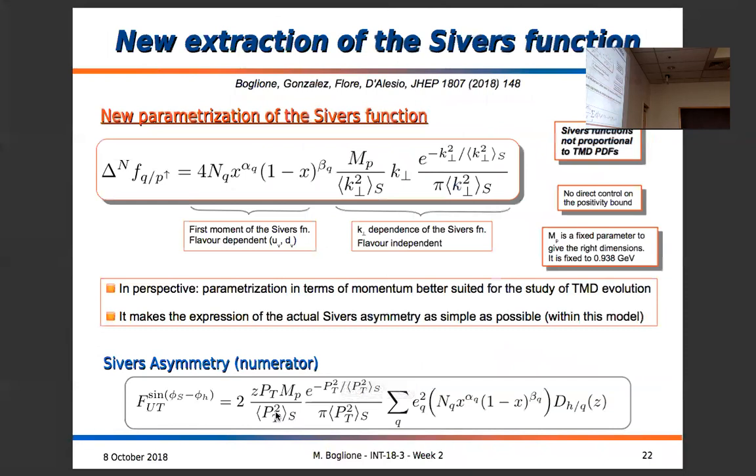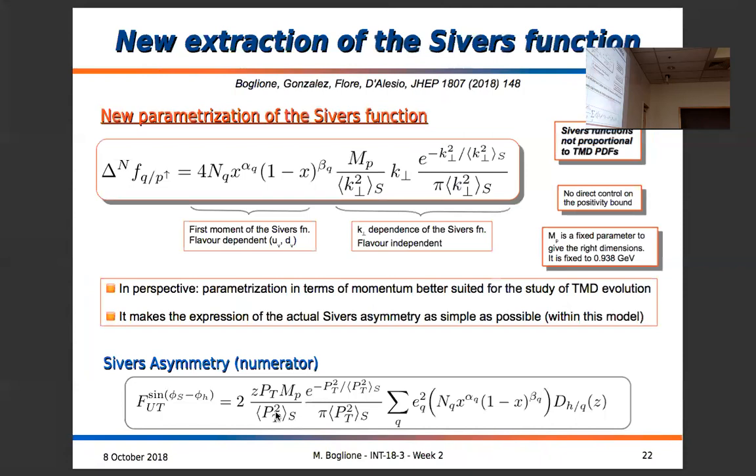This parameterization, in perspective, is easier because rephrasing everything in terms of the momentum is better suited for the study of TMD evolution. And it also makes the expression of the chi-squared, which is what you minimize in your analysis, much simpler.